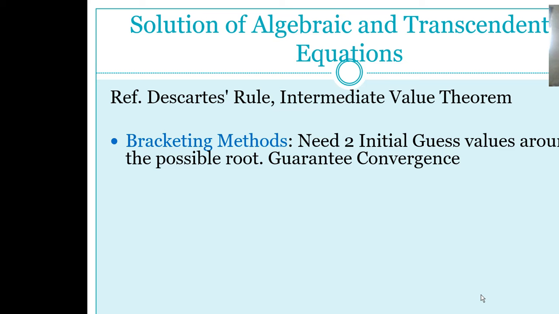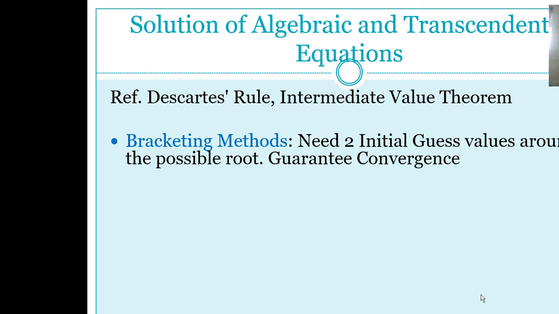So, when we start solving these equations, we usually have iterative methods which are adopted for solving these equations, and so we need to start with some initial guess values. If we require two initial guess values around the possible root, then it is called a bracketing method, and it guarantees the convergence.